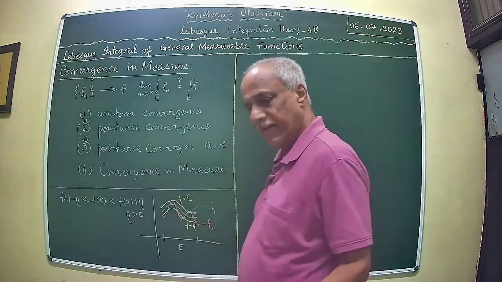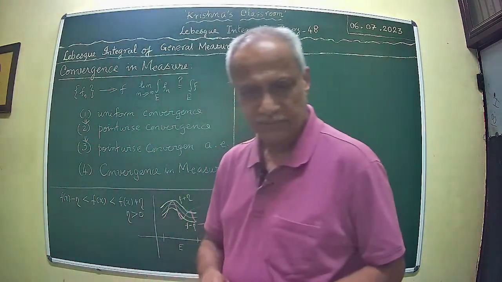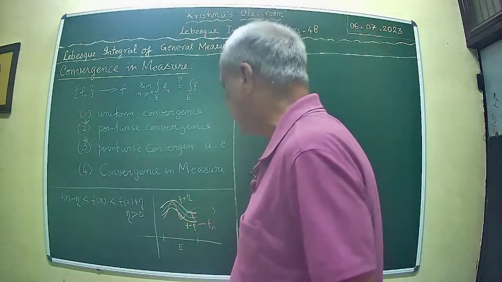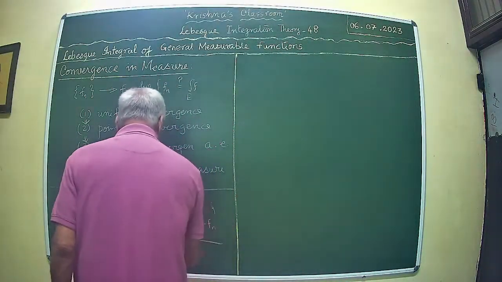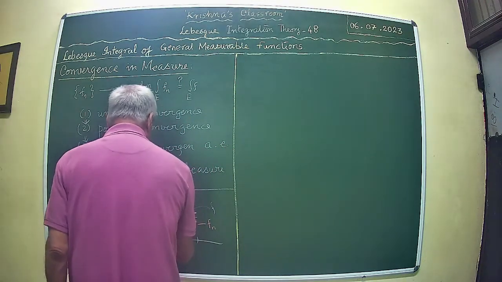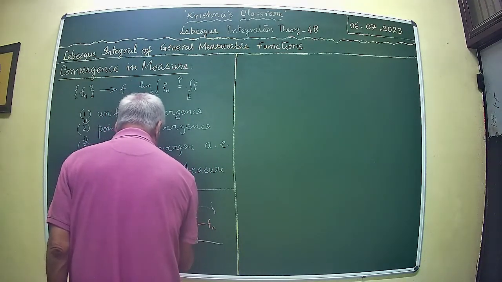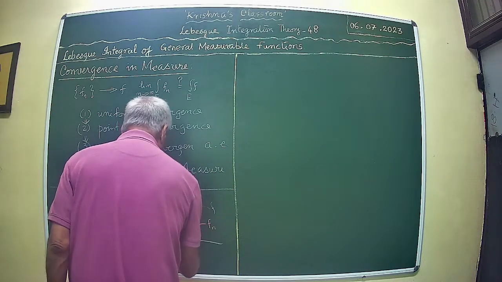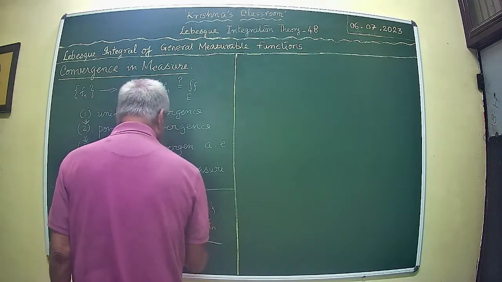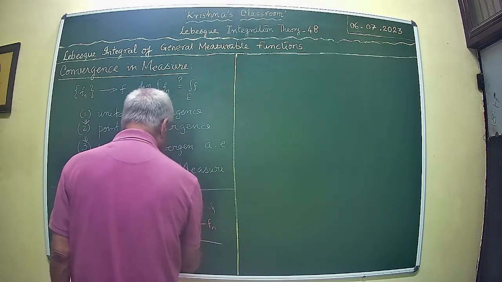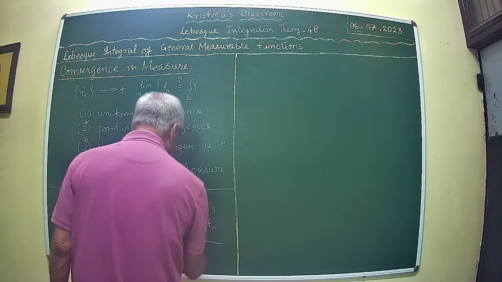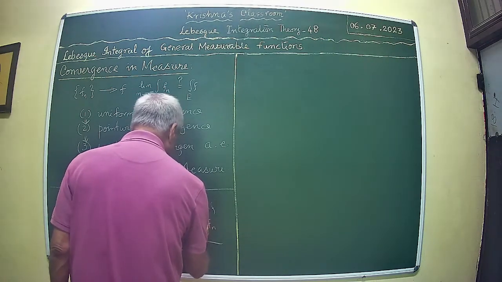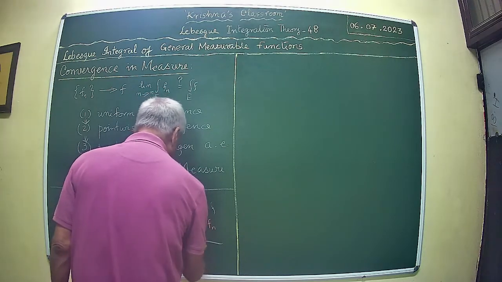So where does this fn enter this region? If you look at this portion, this is the portion in which fn enters this region, as well as this region and this region, as you can see in our figure.